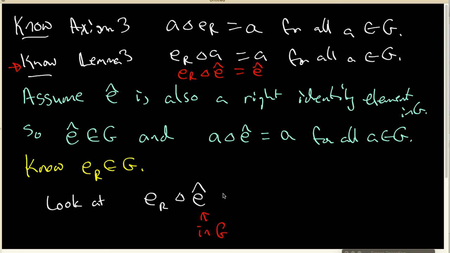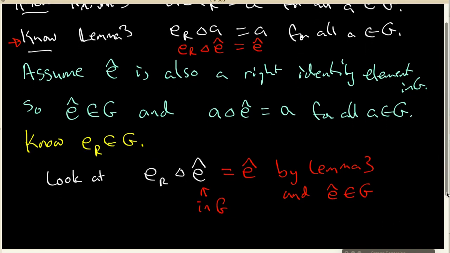So this expression will be equal to E hat by lemma 3 and the fact that E hat belongs to G.